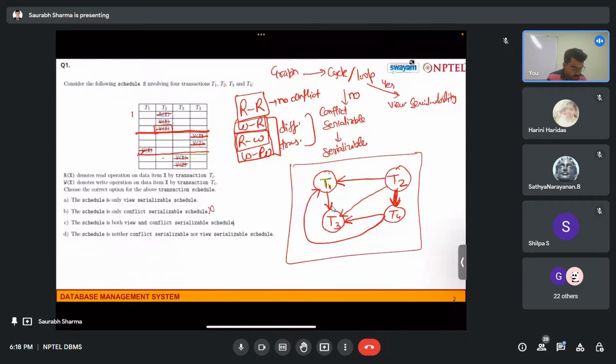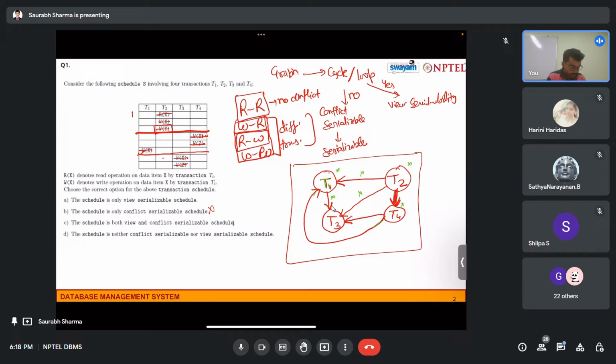If we go from T2 to T4, then from T4 to T1, from T1 to T3, and from T3 there is no outgoing edge, so there is no cycle there. If we go from T2 to T1, we also end up in T3. If we go from T2 to T3, again there is no cycle.